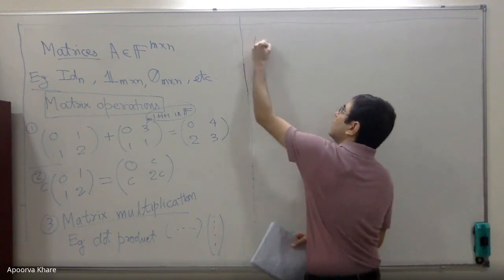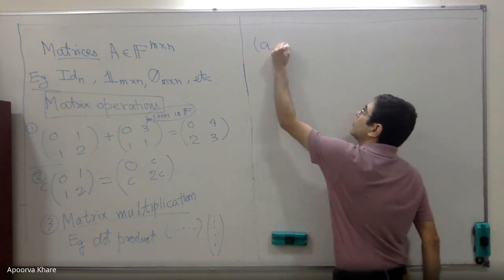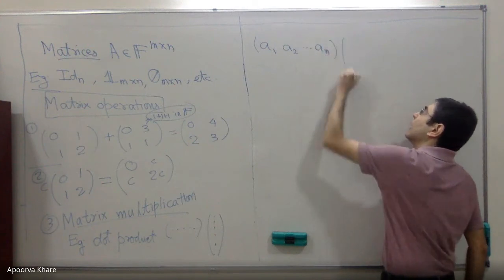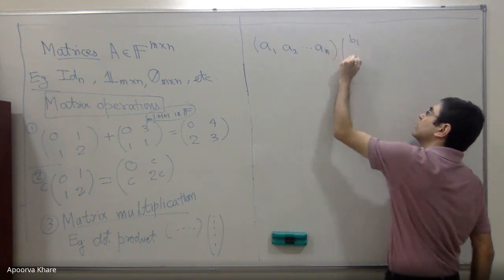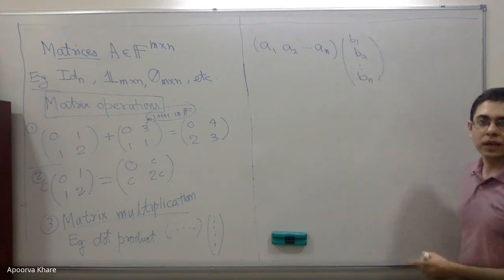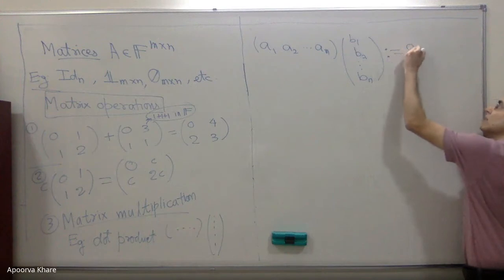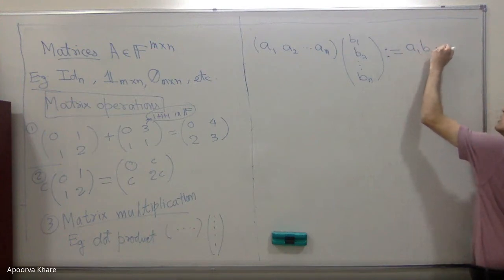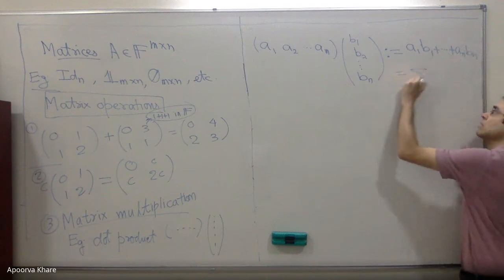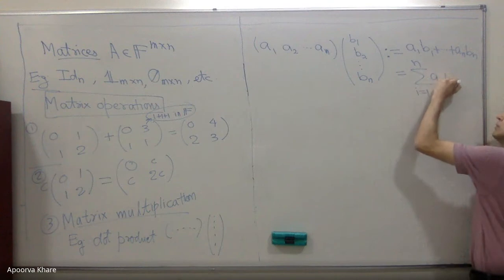So let's say a row A1, A2, ..., An, and you know how to take dot products. First of all, the column must have the same number of entries, B1, B2, ..., Bn. Then this is defined to be A1 B1 plus A2 B2 plus ... plus An Bn, or in other words, the summation over i from 1 to n of Ai Bi.